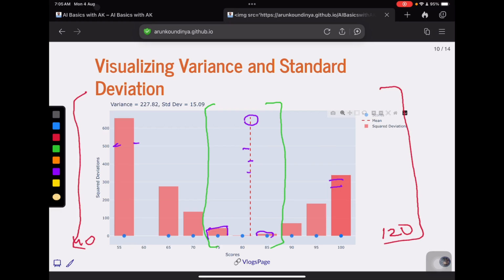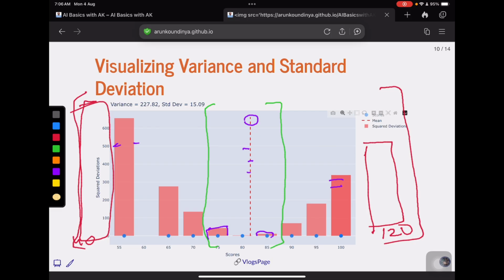You will have higher variance even at this location, and you might have a higher variance at 120. So when you see all these things, the variance of this data set is so huge. That tells how your data is spread from your mean.